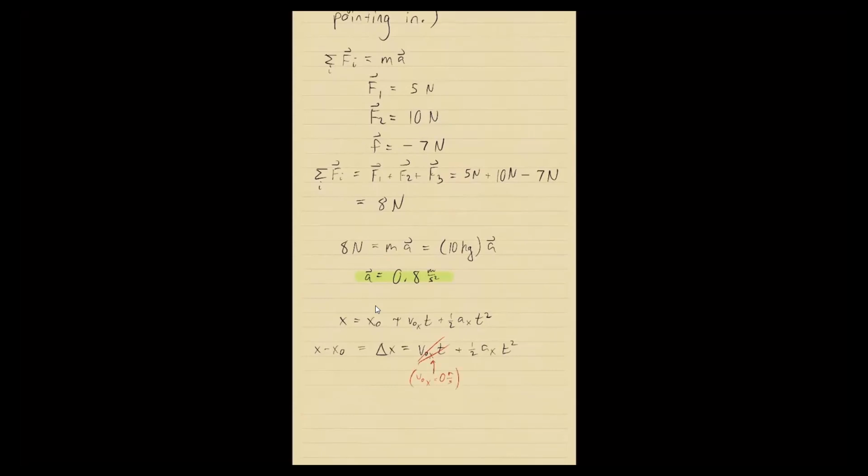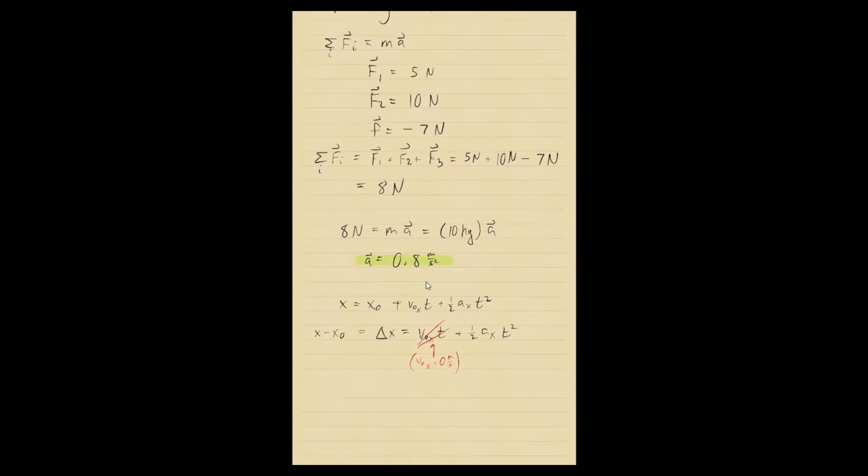Right, so that's why that term is gone. And then the acceleration of the box in the X direction is simply what we found before. The answer to part A is our acceleration in the X direction. So our displacement, delta X, is equal to 1/2 times our acceleration in the X direction, which is 0.8 meters per second squared, times time squared.